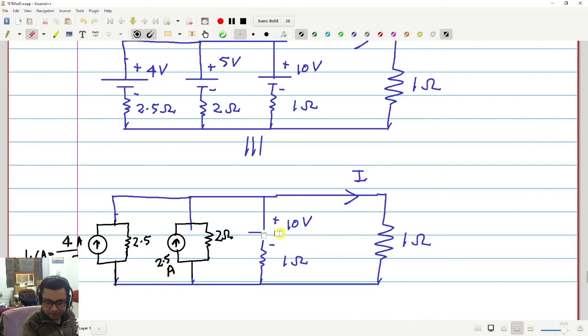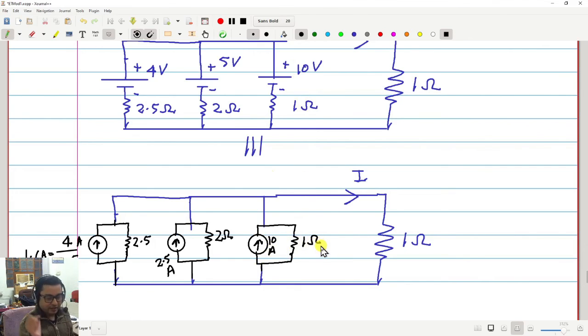And same thing here. So this will be 10 ampere, 10 by 1, and this is 1 ohm. Right?